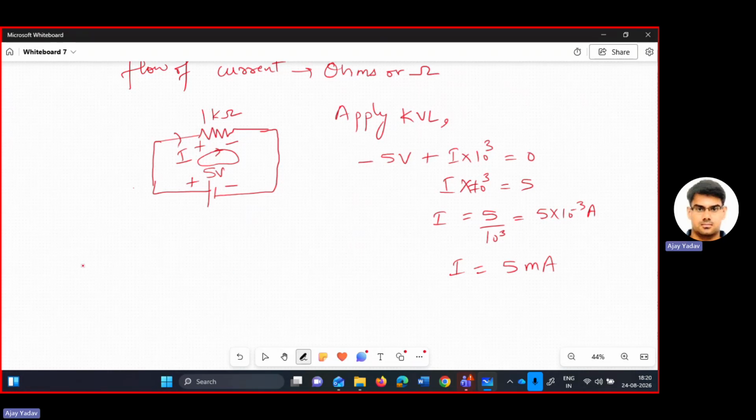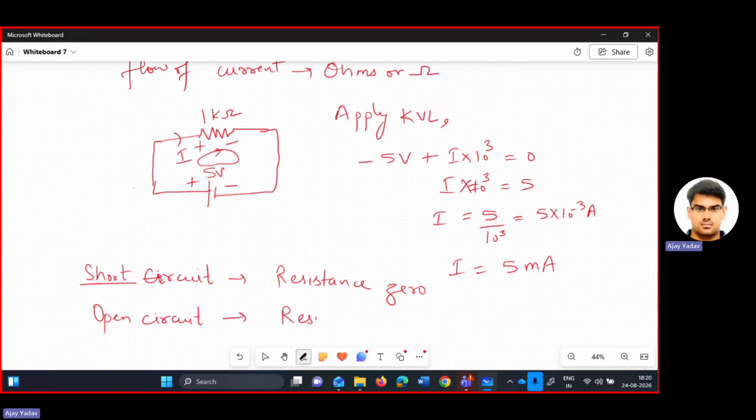Now there is one concept that is called short circuit. We say that it is a short circuit when the resistance is 0. And there is another concept that is called open circuit. What do you mean by open circuit?